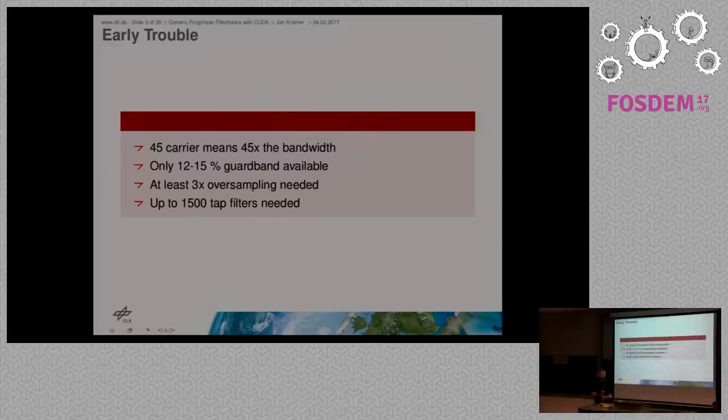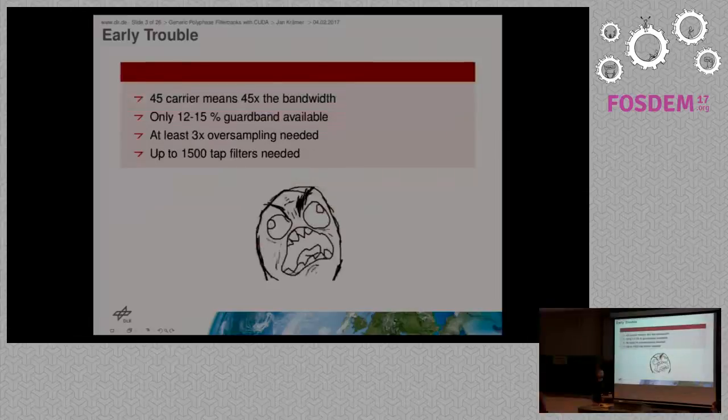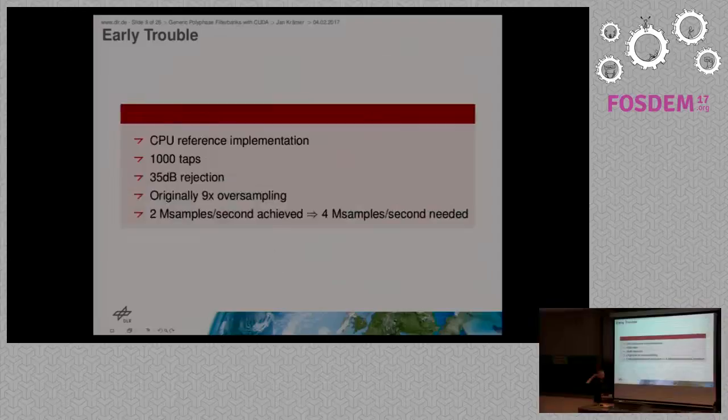So when I did the filter design, we came up with up to 1500 tap filters. If anybody knows something about FIR filters, that's a huge filter. So I did some tests. I wrote a generic CPU implementation of that.